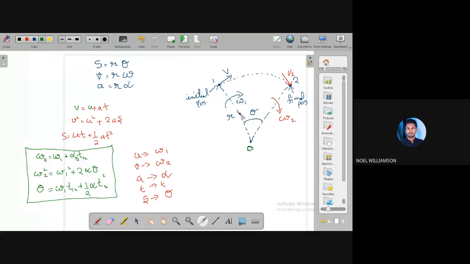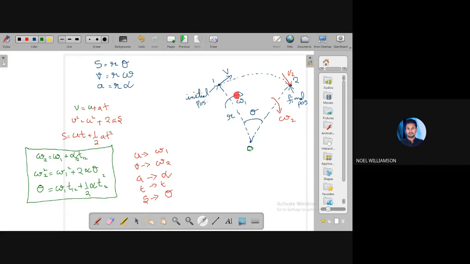Then the time taken to travel this distance is given by t12. And the linear velocities will always be tangential to the motion. Here it is like this, and at this point it will be like this, and at any intermediate point it will be in the tangential direction. That is v1, v2, etc.